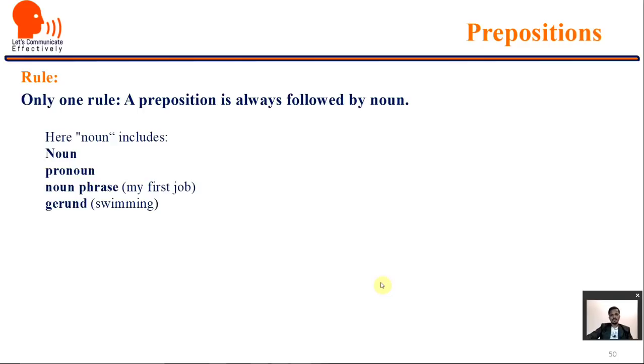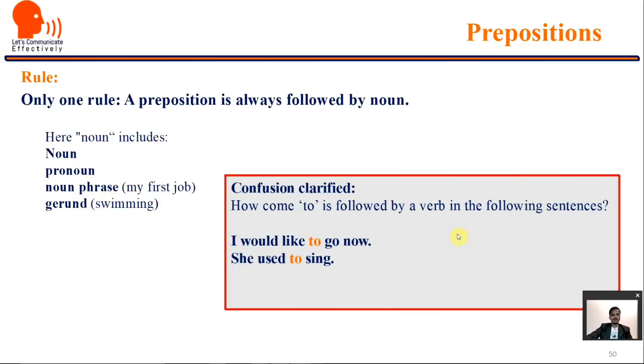Rules about prepositions. There is only one rule, and that is a preposition is always followed by a noun. Here noun includes noun, pronoun, noun phrase as well as gerund like swimming. Now, having said that a preposition is always followed by a noun, how come a preposition is followed by a verb in the following sentences?